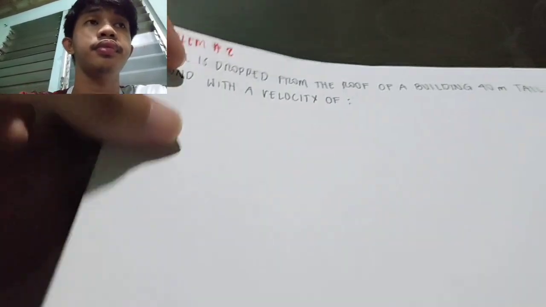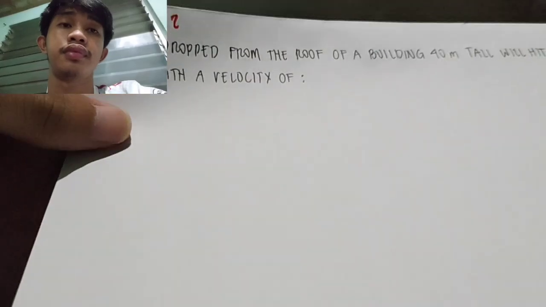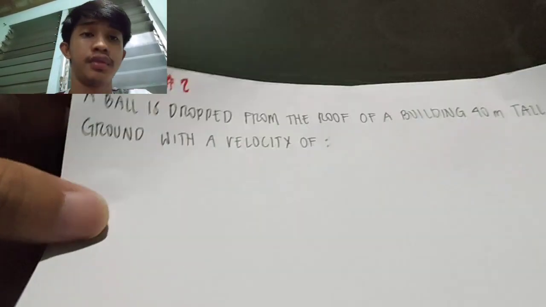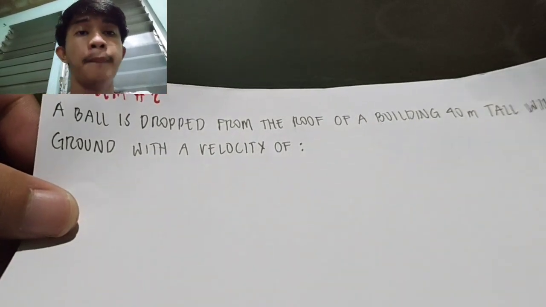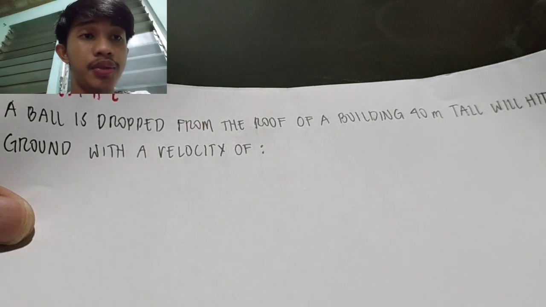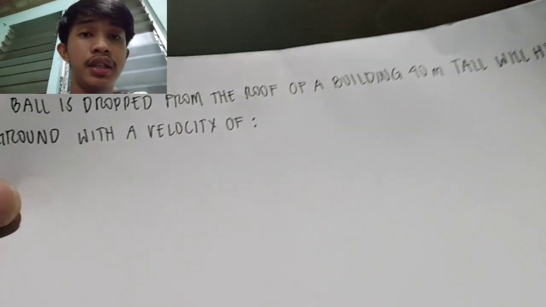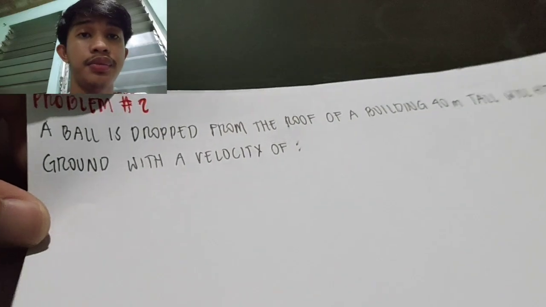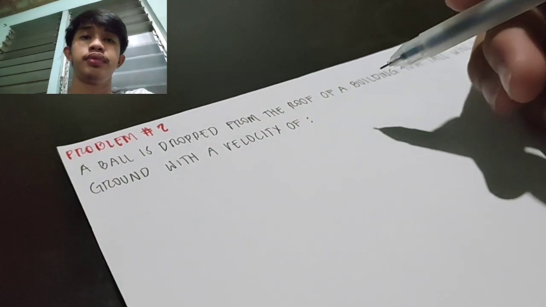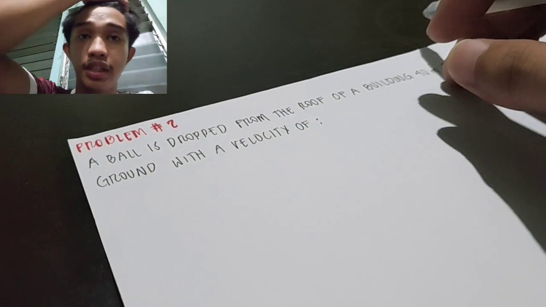Next problem. Here we have problem number 2. A ball is dropped from the roof of a building 40 meters tall. It will hit the ground with a velocity of what?